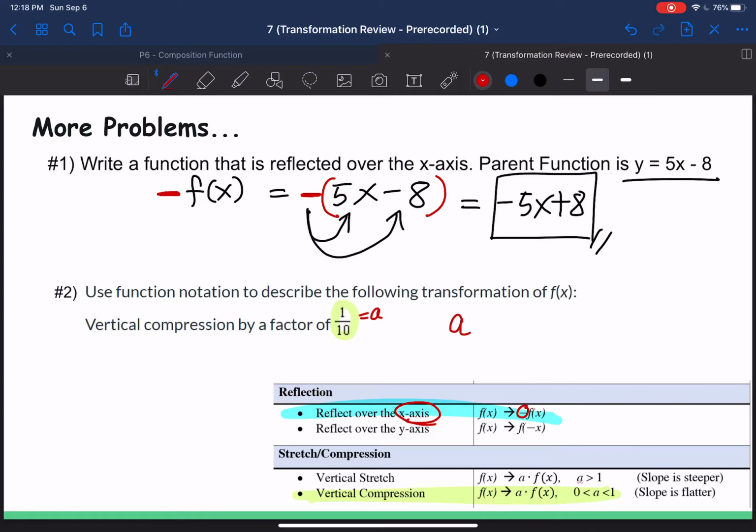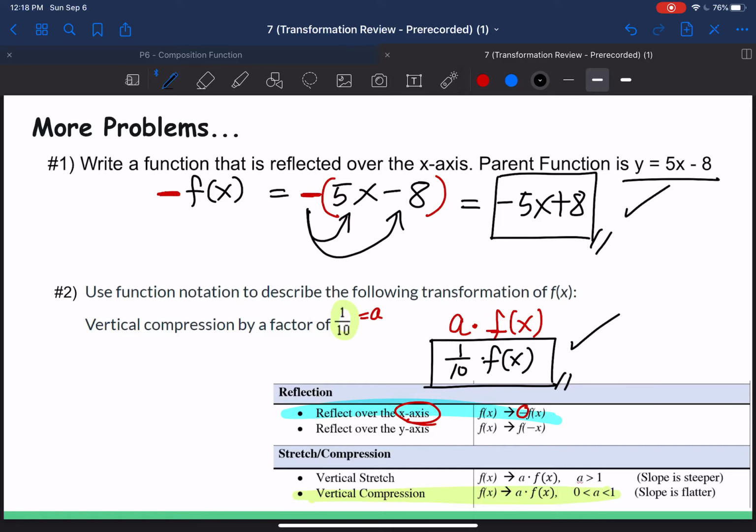We should have a times f of x, right? How much is my a? 1 over 10. That's it. They're just asking for this rule, vertical compression. A times the function. So 1 over 10 times f of x. That's it. So I just went over some questions from the test.